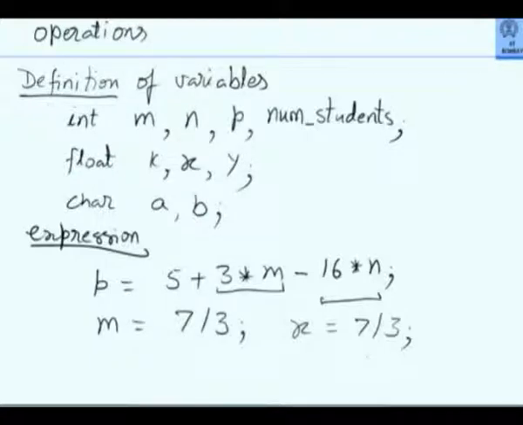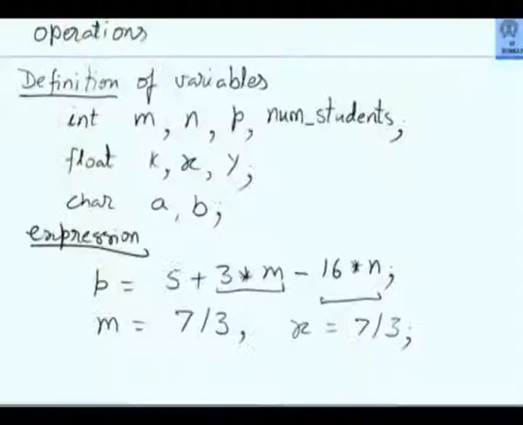7 is integer, 3 is integer. So the division that will be done will be integer division. The result will be not 2 point something something, but just 2. And then 2 will be assigned to the left hand side. In the case of m equal to 7 by 3, it will assign m equal to 2. In the case of x equal to 7 by 3, it will assign x equal to equivalent of 2.0.